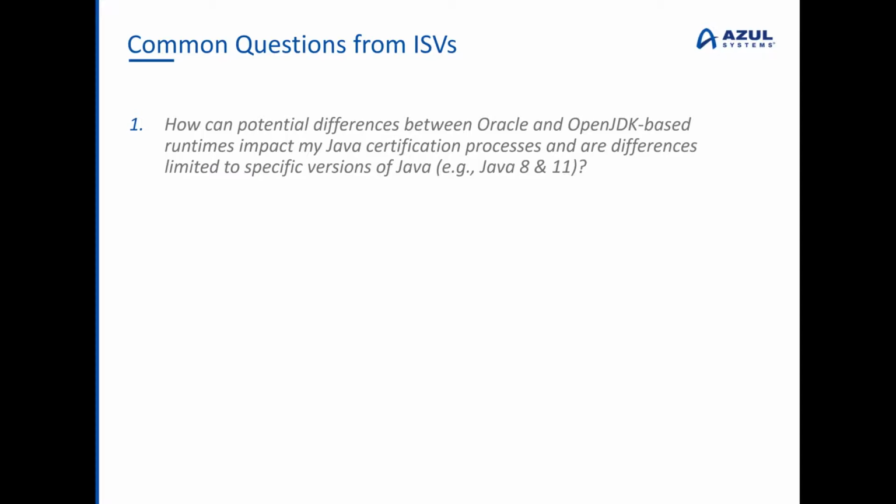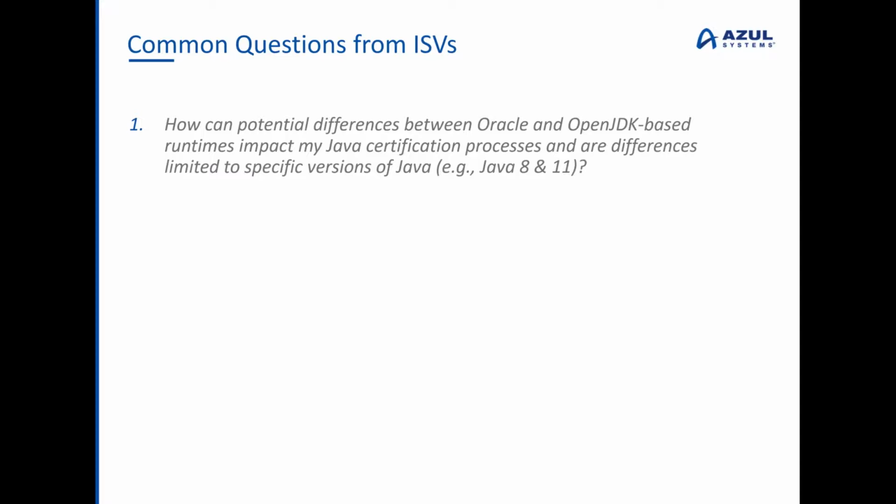The first question that I get a lot is how can potential differences between Oracle and OpenJDK-based runtimes impact my Java certification process? And are those differences limited to specific versions of Java, such as Java 8, Java 11, in the near future maybe Java 17? And this is very important. We certainly know that back in 2019, many ISVs were simply certifying Oracle, and it was the right choice because it was freely available.